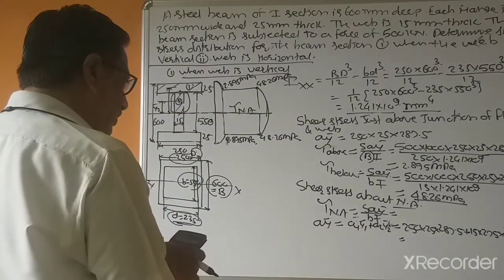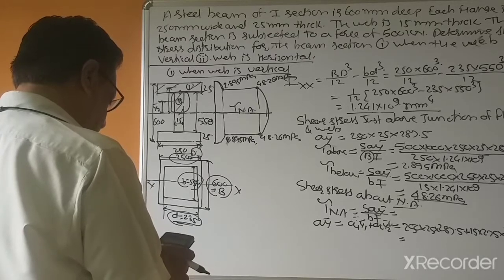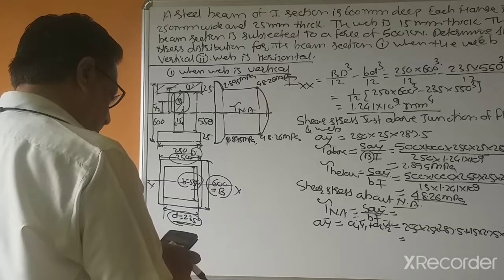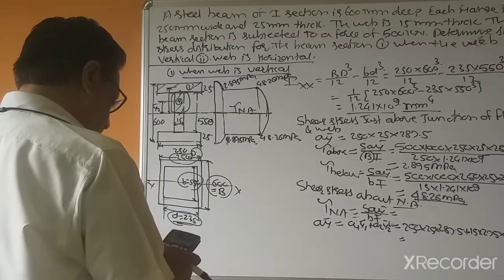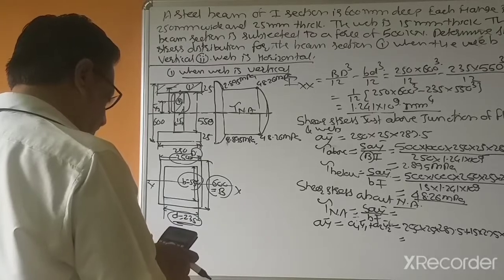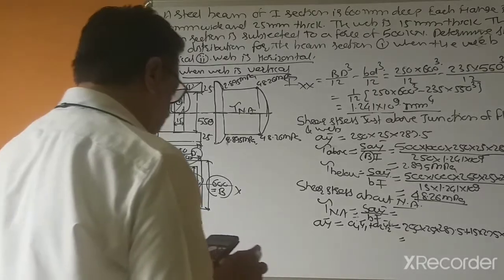250 into 25 into 287.5 plus 15 into 275 divided by 137.5.